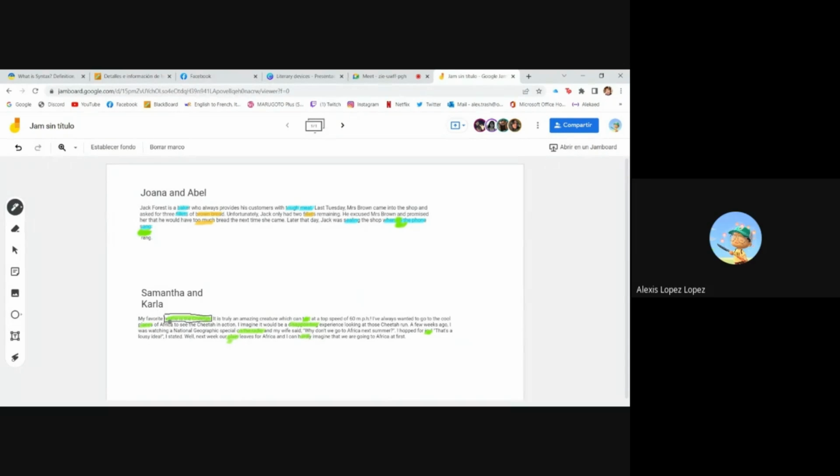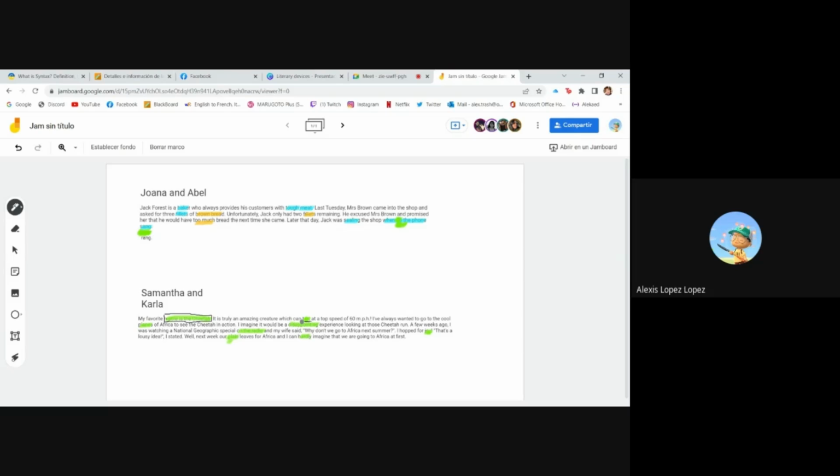Correct. That's a good observation. It is truly an amazing creature which can, what was the word in here? Trot. Yeah, trot at the top speed of 60 miles per hour. That is really fast.